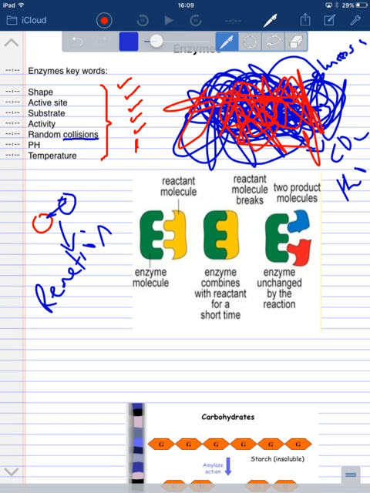Now the problem with biology is that we can't rely upon this oxygen and glucose hitting each other by chance alone, because it won't happen fast enough. We've got our whole body to look after. We need to produce energy which can run our bodies. So we kind of cheat.